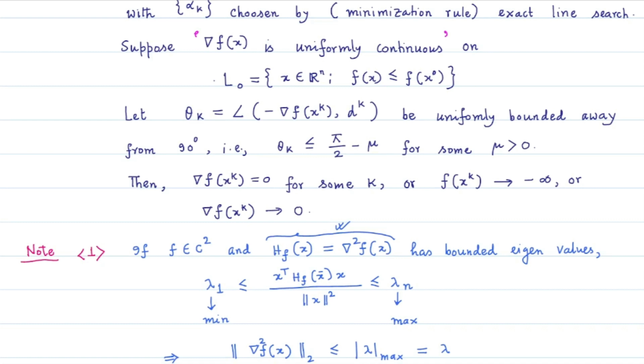That means L0 is a compact set. And we all know the Heine-Cantor theorem, that continuity of a function on a compact set implies uniform continuity. Therefore, if the components of this gradient f, that is the partial derivatives of the function f, are all continuous and L0 is a compact set, then certainly this grad f is uniformly continuous.